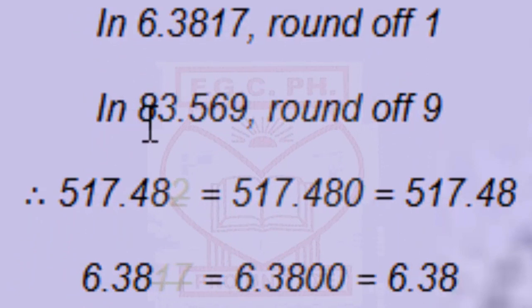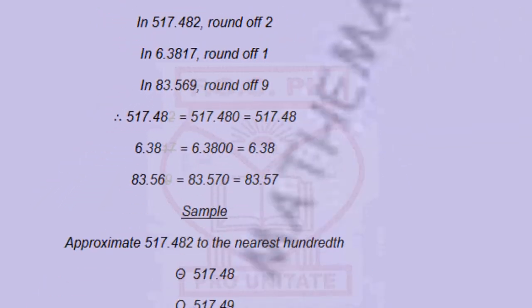The same way you go if you want to approximate 83.569 to the nearest 100th. The 100th digit is 6, so we are going to round up 9, and 9 becomes 0 and leaves a 1 added to 6, so we have 83.570. So we got 83.57, and that's it.